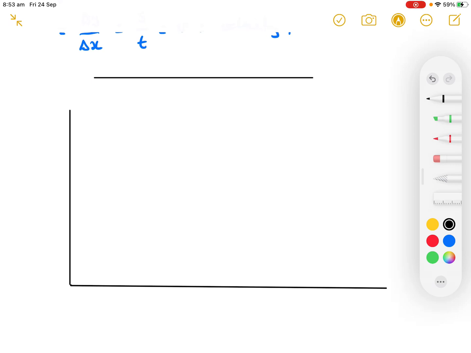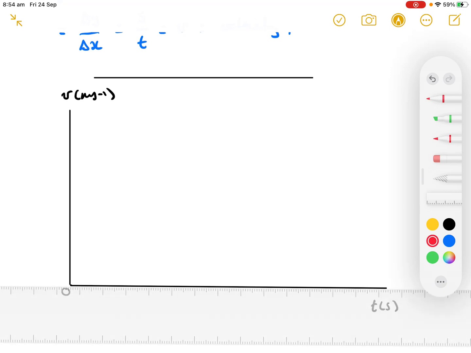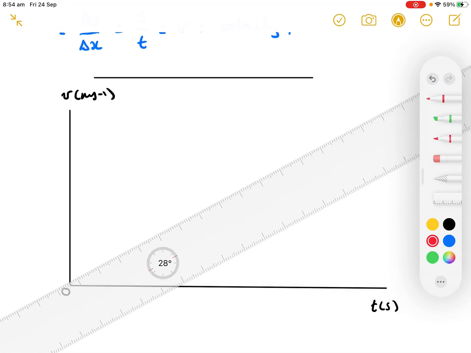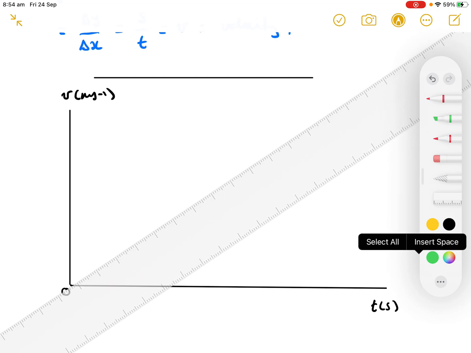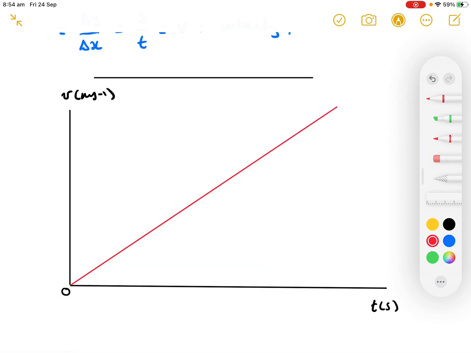Always, of course, put in the origin. Not too worried about the values on either axis, just concerned at the moment with the shape and the gradient. So it's uniform acceleration we're dealing with, of course, in all of these examples. So we have our line going up in a nice straight way. That's a uniform acceleration. So that's the velocity time graph.